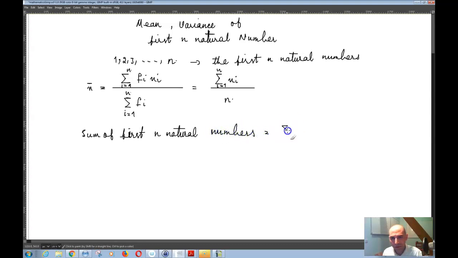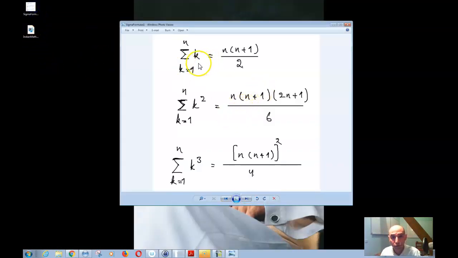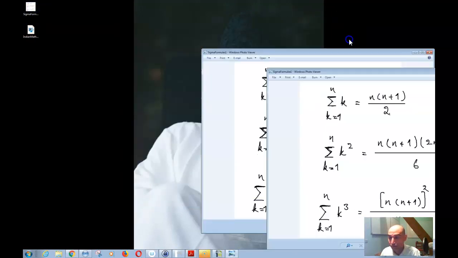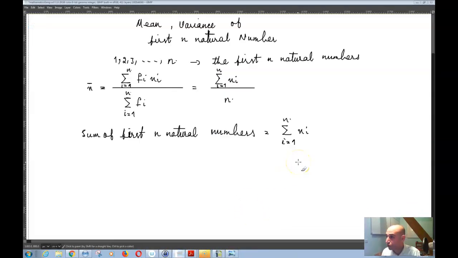Which is equal to sigma x of i as i goes from 1 to n. And in the previous video we showed that this is equal to n times n plus 1 divided by 2. That's why we had to take the time to write down all of these formulas.